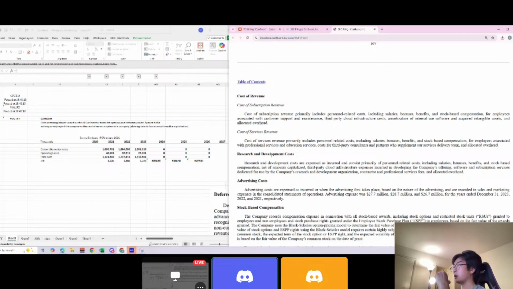Okay, so R&D costs are expensed as incurred, and personnel-related costs. Okay, so that's just payroll, bonuses, benefits, stock-based comp, net of amounts capitalized. Third-party cloud infrastructure, current developing software dedicated for use by the company's research and development organization, contractor and professional service fees.